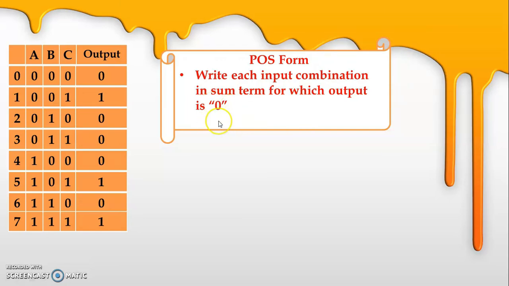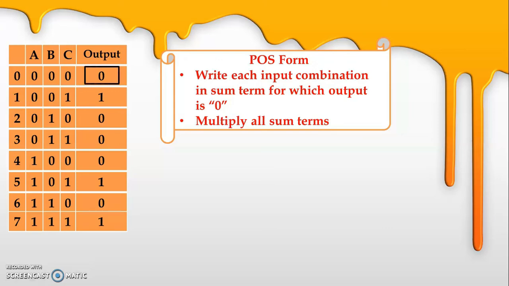Now it is very different compared to SOP form. For each output 0, we write the input variables in sum term, and then we multiply all sum terms to get the product of sum form.